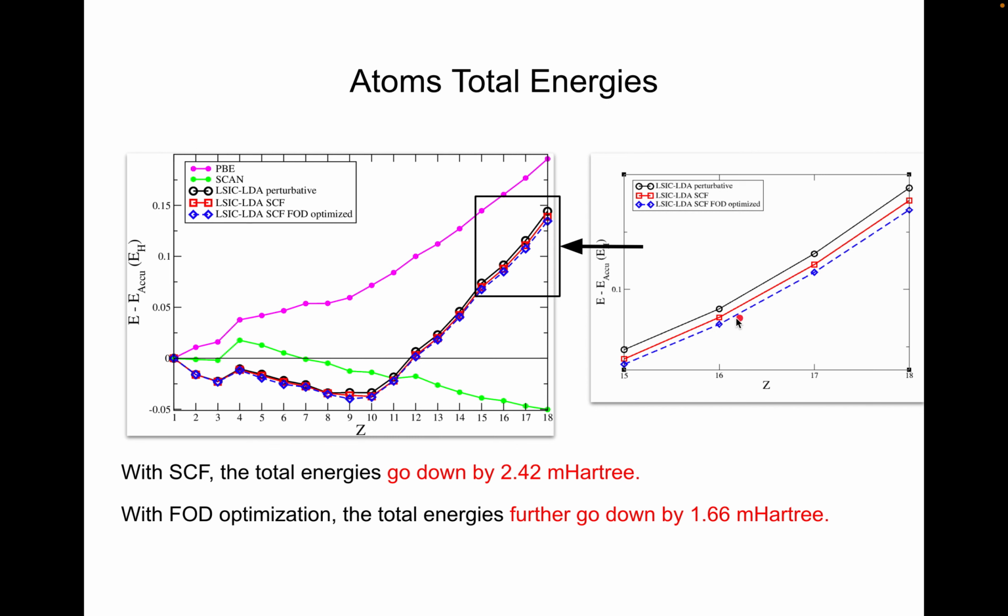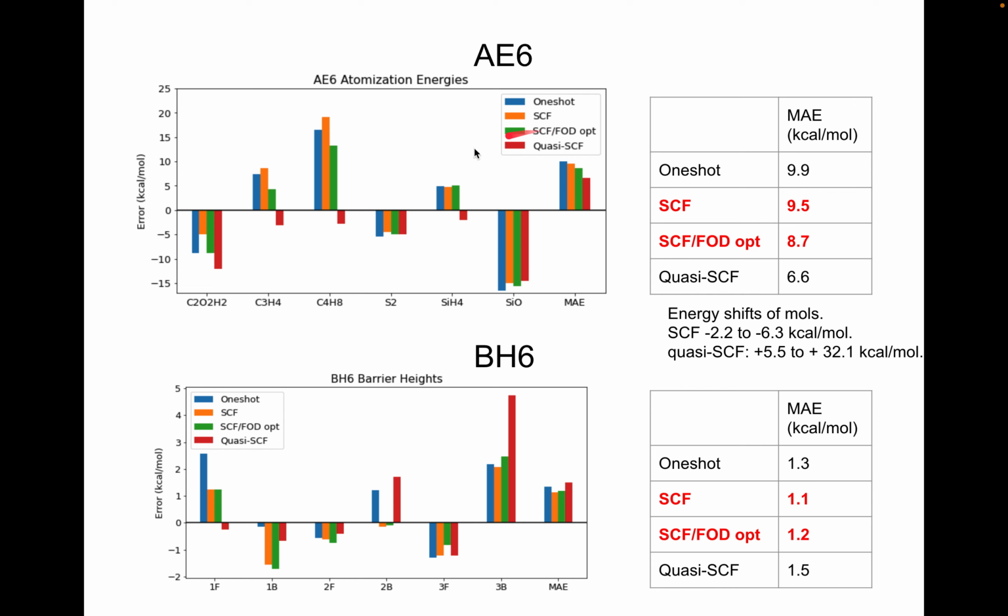So visually, going from the one-shot blue to the SCF orange to the FOD optimized green, you can see the performance is very similar from the blue to the orange to the green. And when you look at the mean absolute error, the one-shot mean absolute error is this much, and the SCF and FOD optimizations are this much. So they are very close to one another.